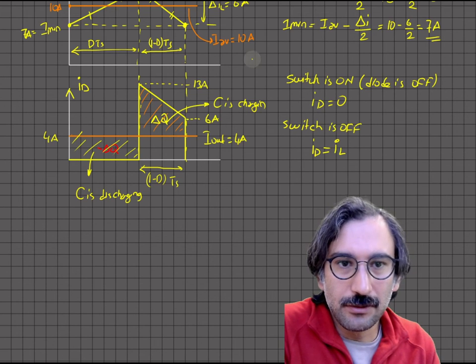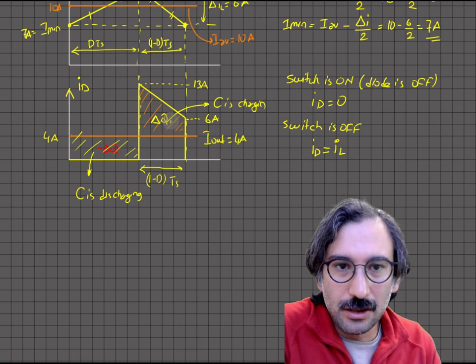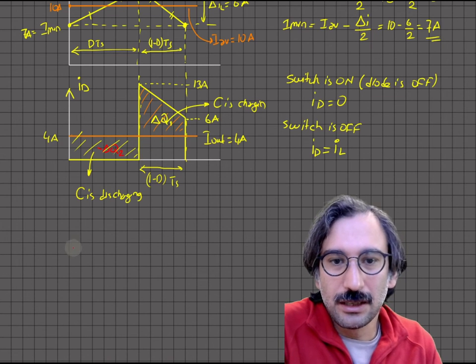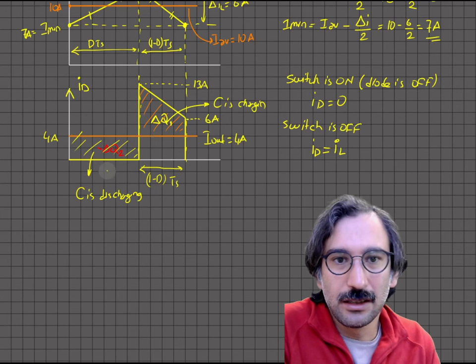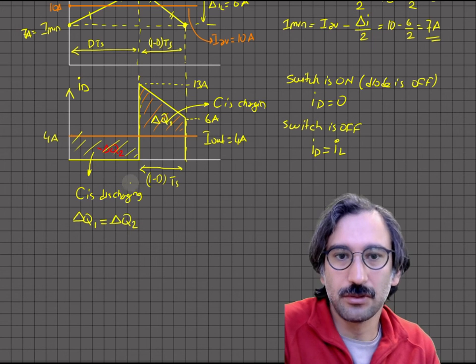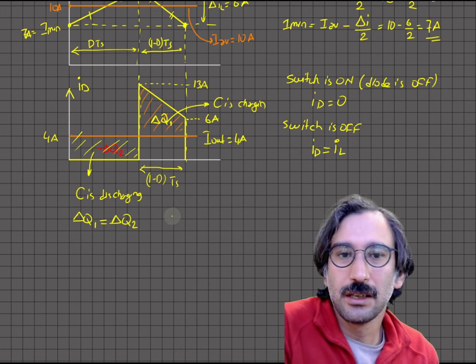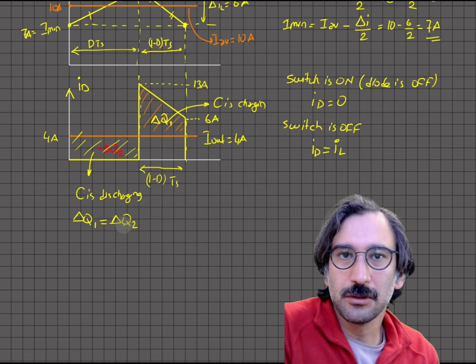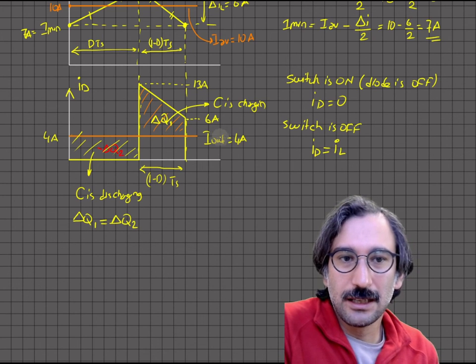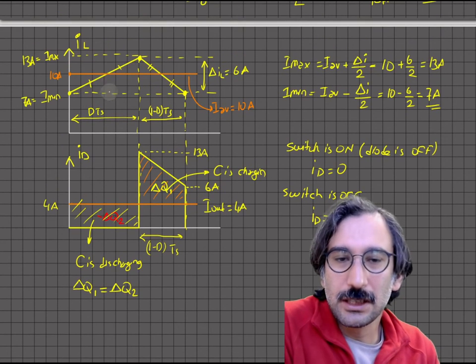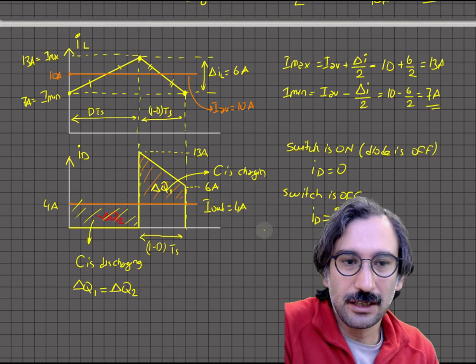Let's call that one delta Q1, and this is delta Q2, and basically delta Q1 is equal to delta Q2. Okay, they should be equal to each other. Before getting into that calculation, let's first see what is the average inductor current.